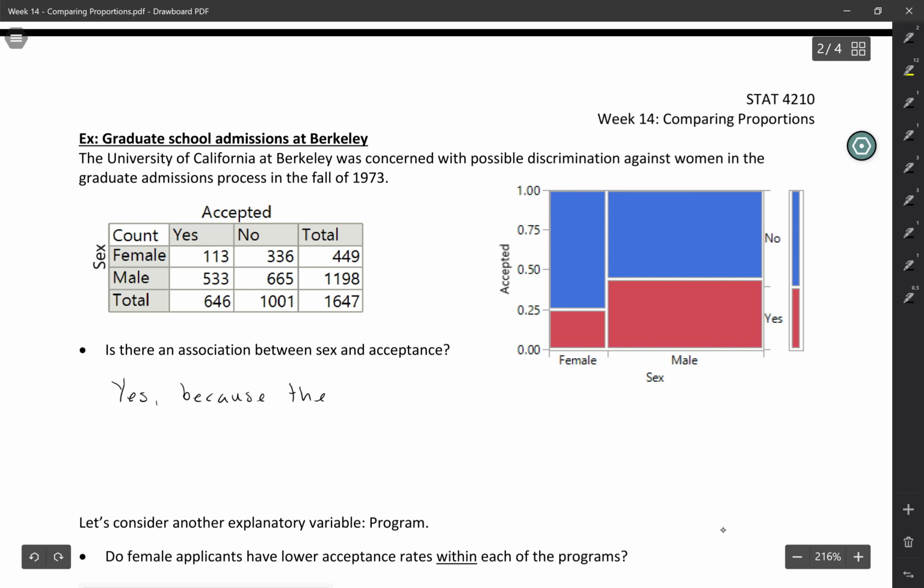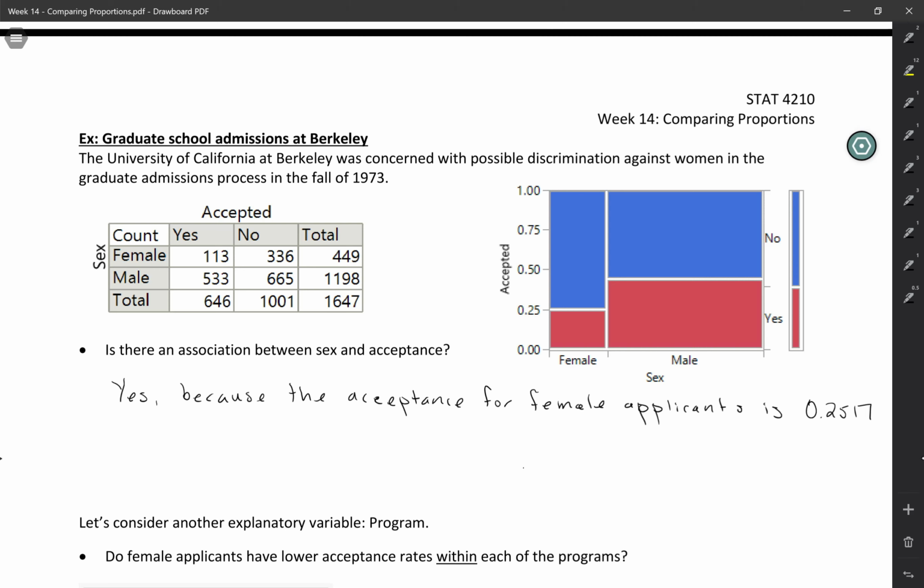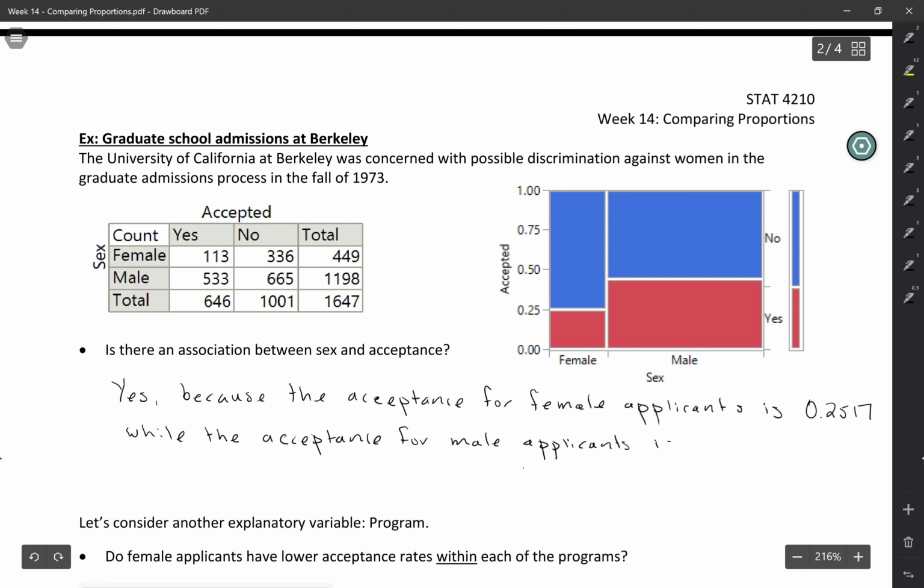The acceptance rate for female applicants, I guess they're not really students yet, is 0.2517. So that's looking at 113 out of 449, calculating that row percentage, while the acceptance rate for male applicants is higher. The acceptance rate for male applicants is 0.4449. So again, calculating the row percentage, I'm looking at 533 out of 1,198.